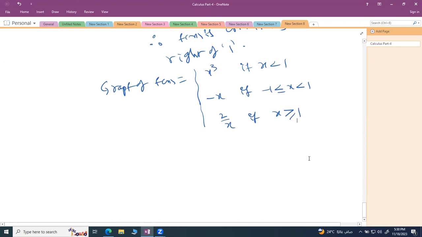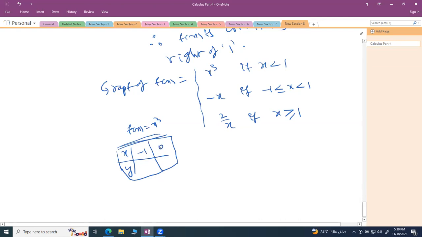Now we can choose two values for f of x equal to x cube. We choose two values less than 1, that is minus 1 comma 0. If x equal to minus 1, f of x equal to minus 1. If x equal to 0, it is 0. We can choose one more value so that we can draw easily: minus 2, this is minus 8.